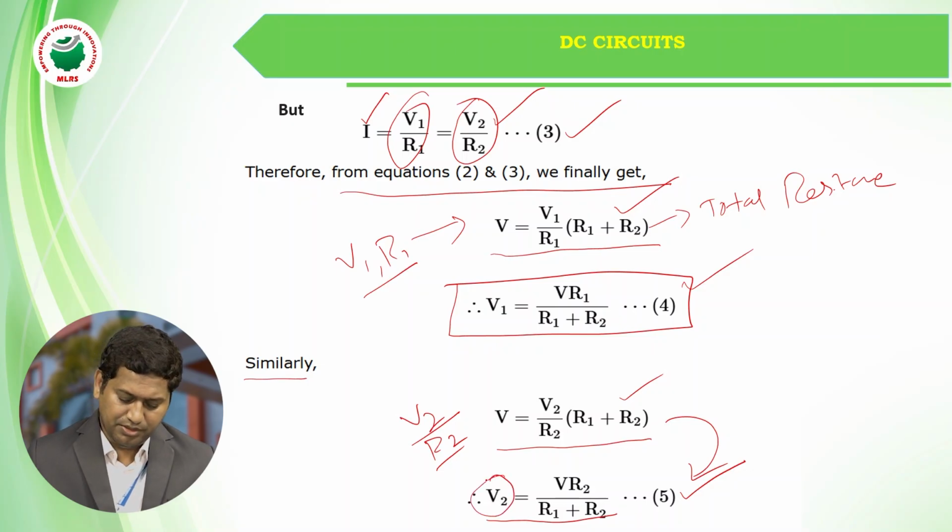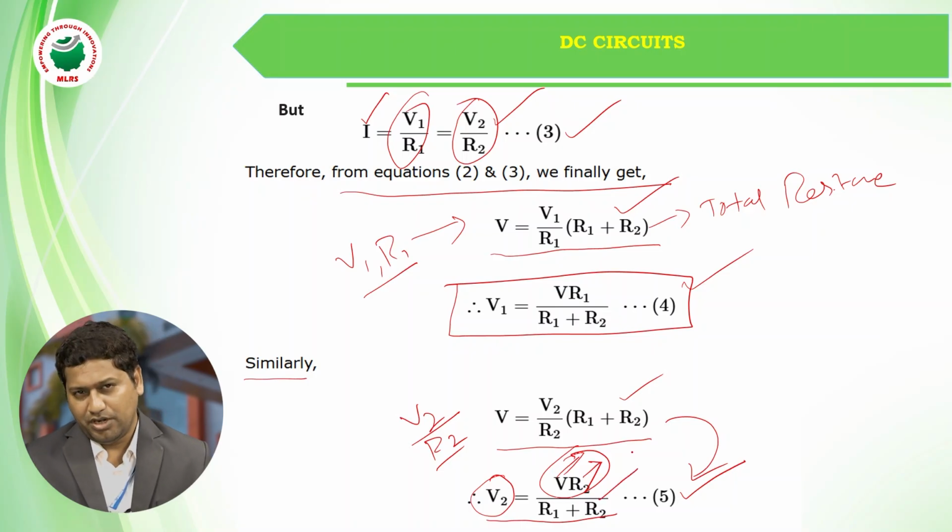V2 is equal to the total voltage into that particular resistor divided by the total resistance R1 plus R2. If I am finding the voltage V2, then I have to multiply the total voltage by the particular resistance where I am finding that voltage, that is R2, divided by the total resistance R1 plus R2.